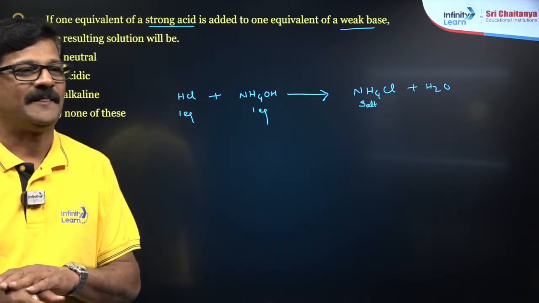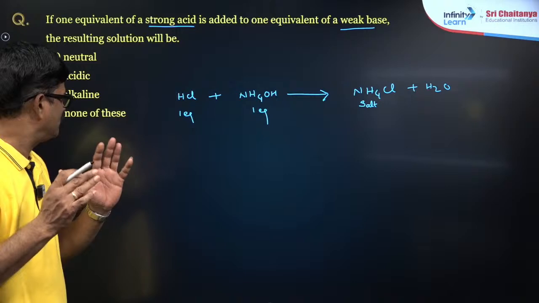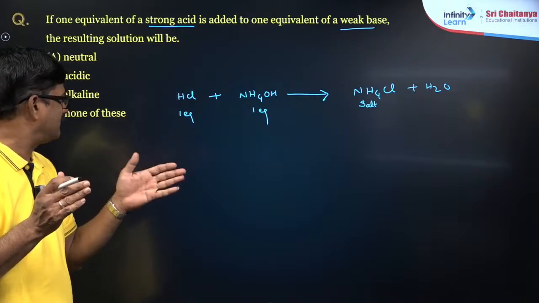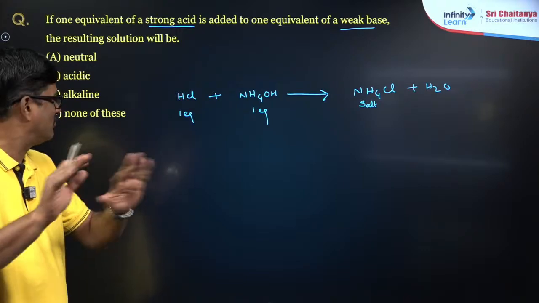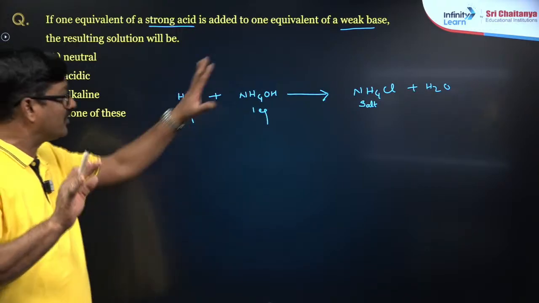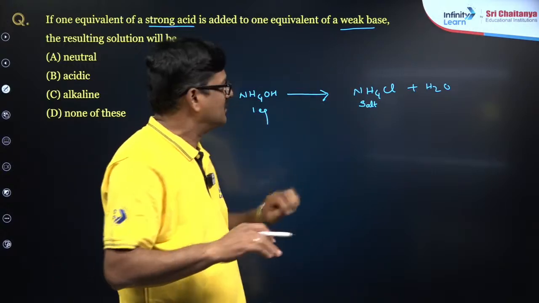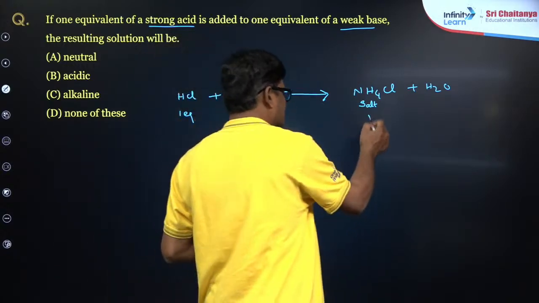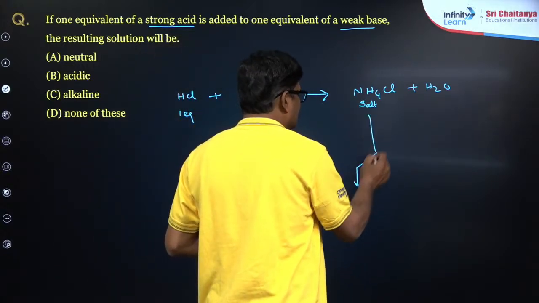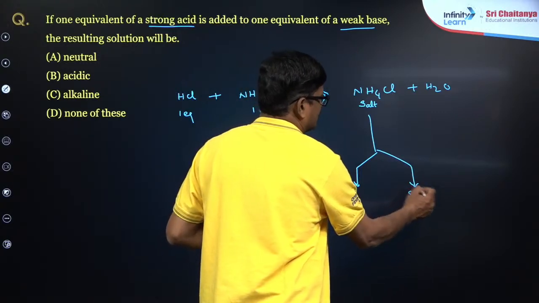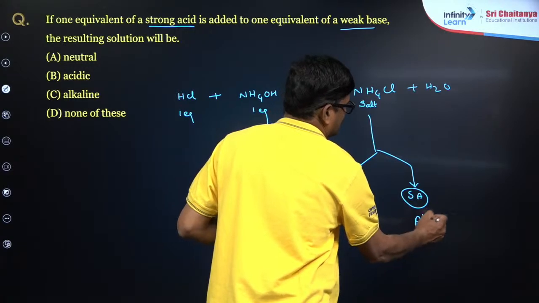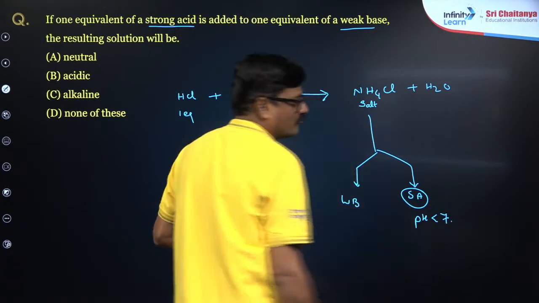Now, when you complete one equivalent of HCl and one equivalent of ammonium hydroxide, it gives rise to ammonium chloride. So there is no more acid and base. Now we got a salt. That is only left. Now in this solution, it hydrolyzes. When it is hydrolyzing, it is going to give a weak base and a strong acid. So the pH of the resultant solution is not going to be 7.